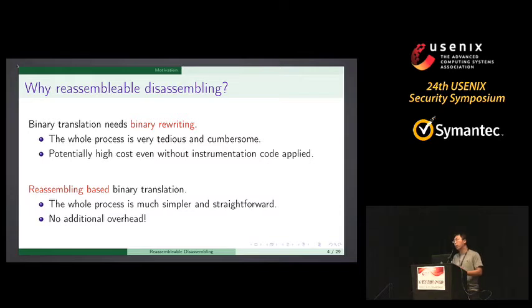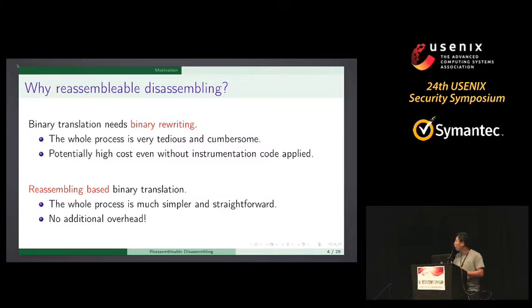So why do we need the reassemblable disassembly? Because based on the reassemblable disassembly, we can actually undertake a reassembling-based binary translation process. In this process, the instrumentation code can be directly inserted into the recovered program, and the whole instrumented output can be directly assembled back into a normal workable binary program.